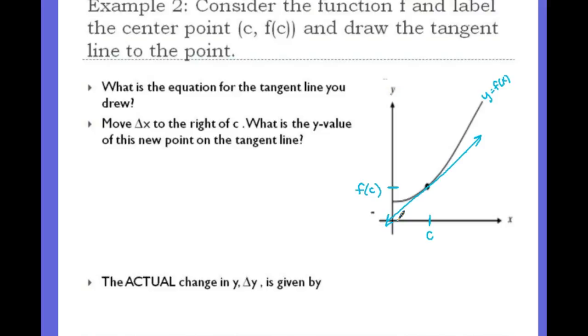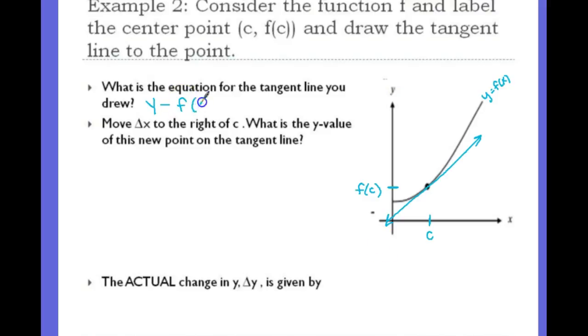So thinking about my tangent line and the graph f, how could I write an equation for my tangent line? What do we know about the tangent line and its equation? Well, isn't an equation of a tangent line simply y minus y1? In this case, isn't y1 f of c?